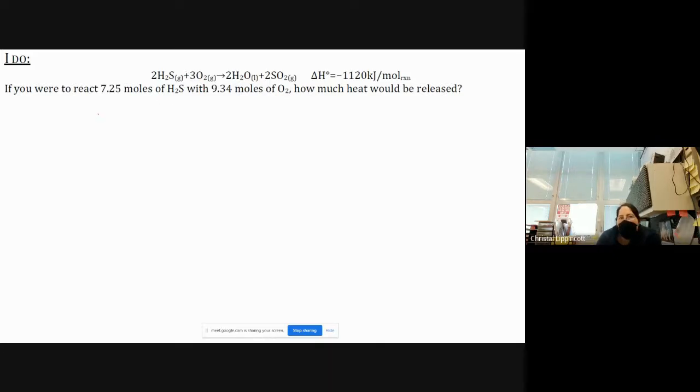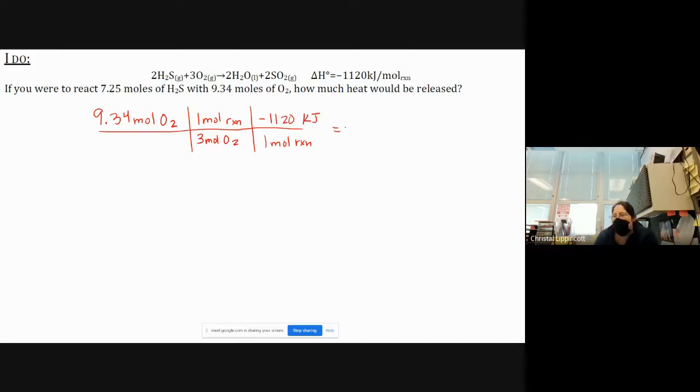All right, now I'm going to need an actual calculator. So I'm going to take my 9.34 moles of oxygen, and I know that for every 3 moles of oxygen, I have 1 mole of reaction. And I know for every 1 mole of reaction, I'm giving off negative 1120 kilojoules of energy.